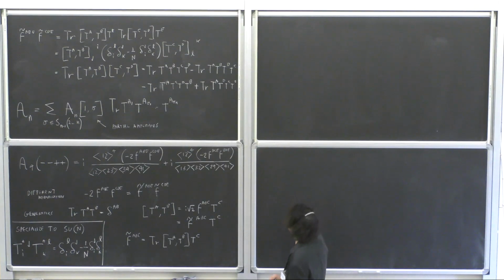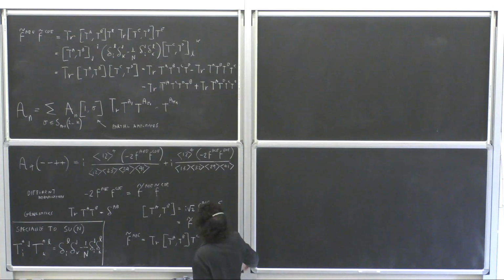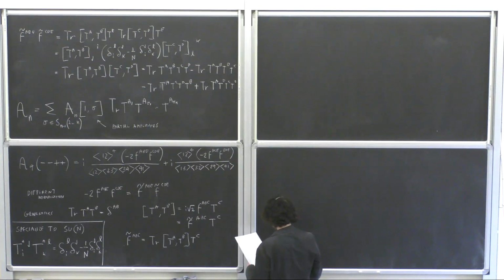I think you can see an echo also of the way string amplitudes were written in the other lecture. And just using this expression, let's repeat the same step which we have done for the other contraction of structure constants.